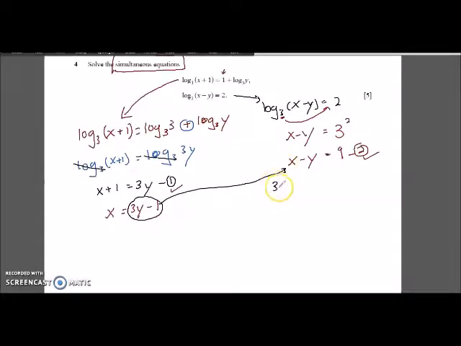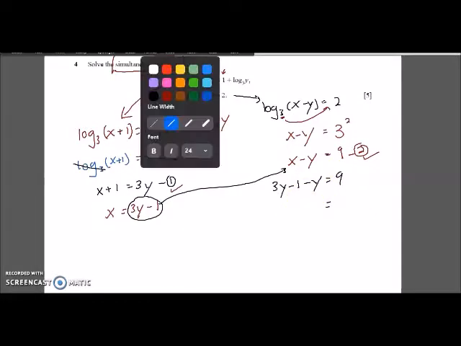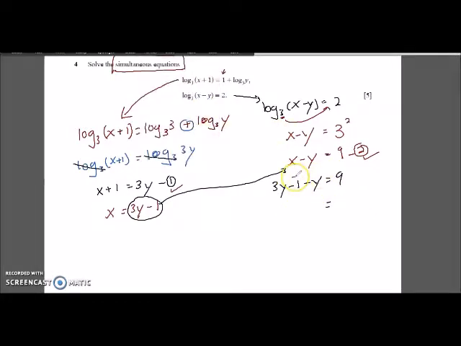So it becomes 3y minus 1 minus y again equals to 9. So this minus 1 will move to the opposite side. It will become plus. 3y minus y becomes 2y. Here's 10. 2y equals 10, over 2. So y, you'll be getting the answer, y is 5.